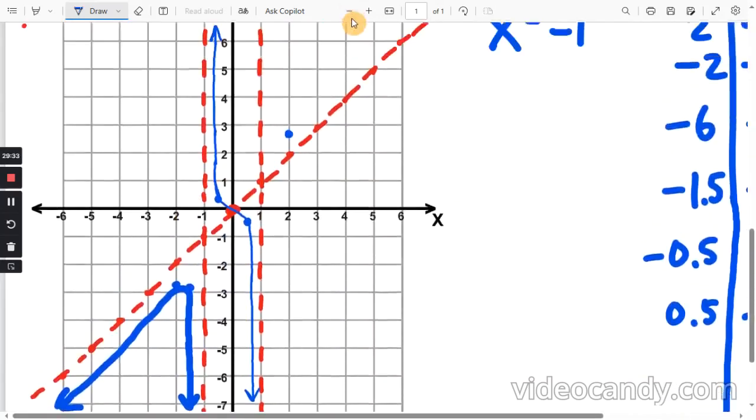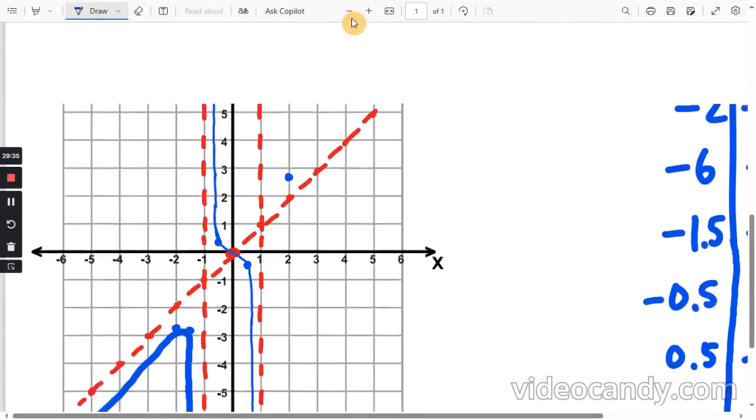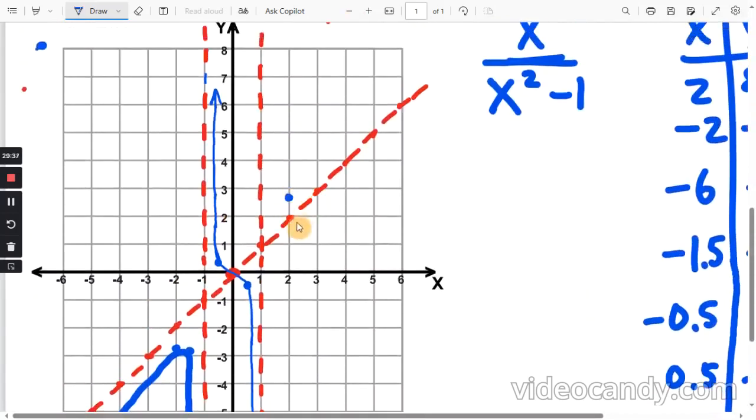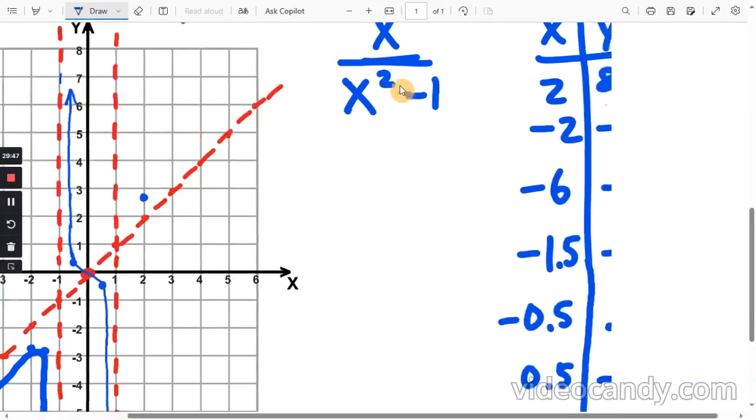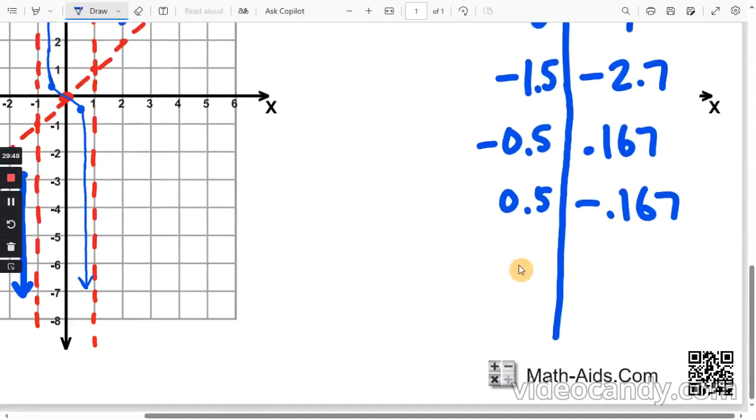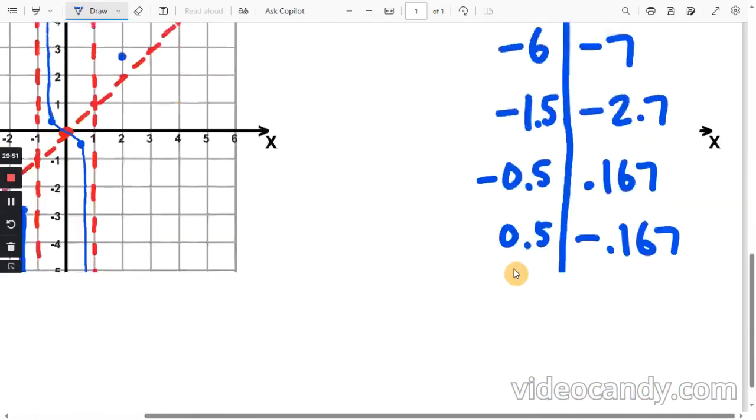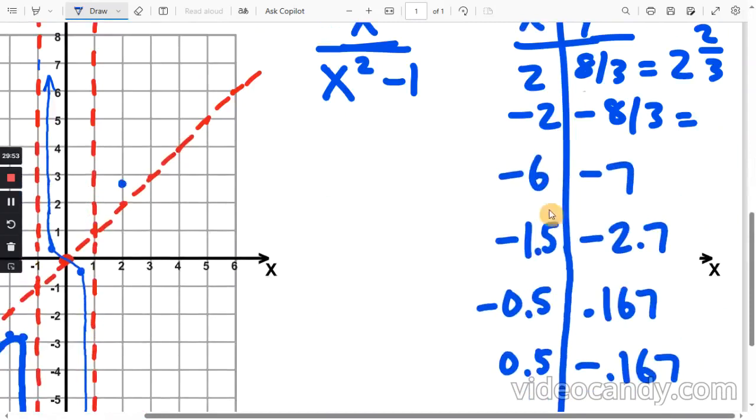And finally, we got this part here. This should be easy. We got 2 here. We can plug in something larger. We can plug in like x equals 6 if we want to see if it goes this way. So real quick, let me see. I didn't use 6 yet. I used negative 6.